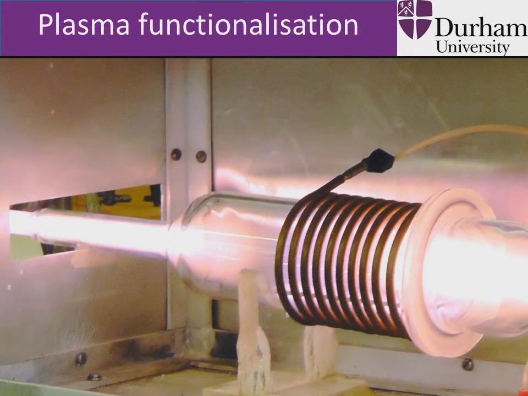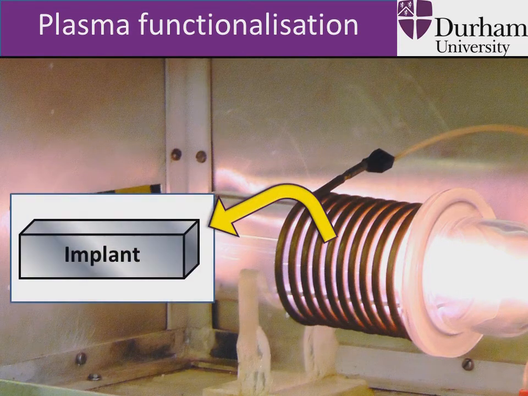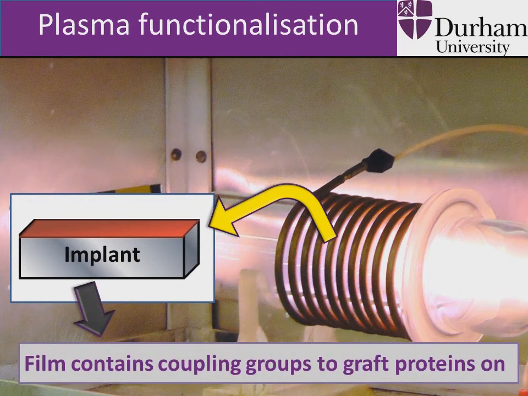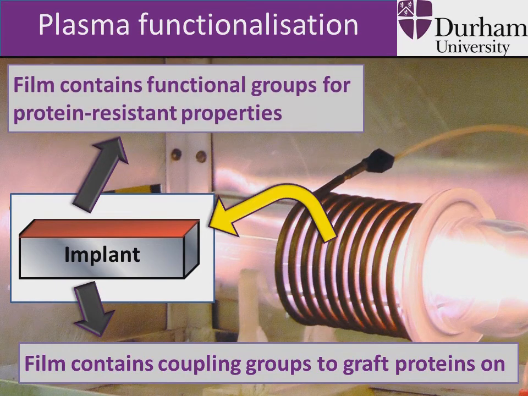Plasma polymerization can be used to produce polymer films onto an object, which either have functional groups known as coupling groups, which proteins can react with and hence be immobilized, or films which have properties that are able to resist non-specific protein adsorption, such as hydrophilicity, as mentioned earlier.